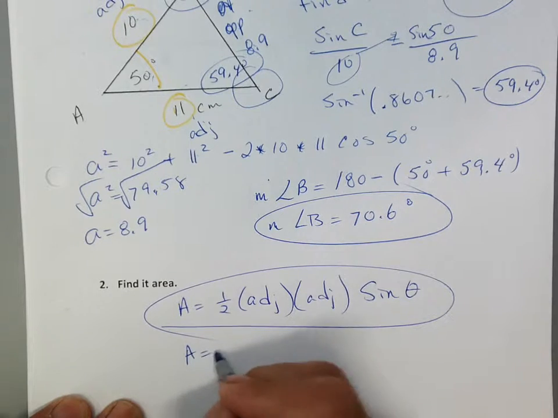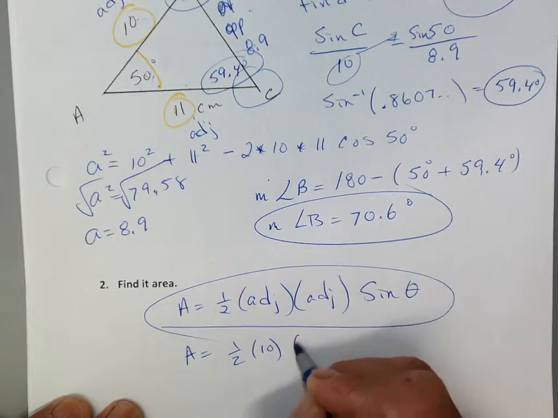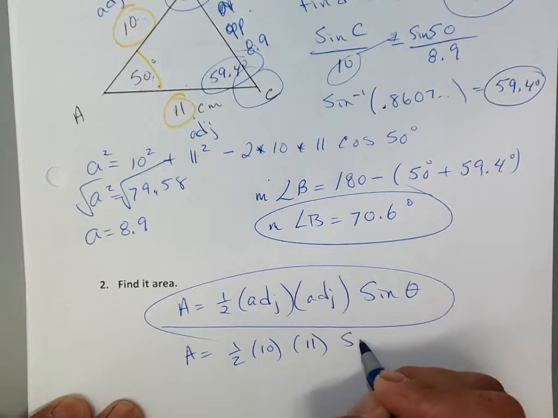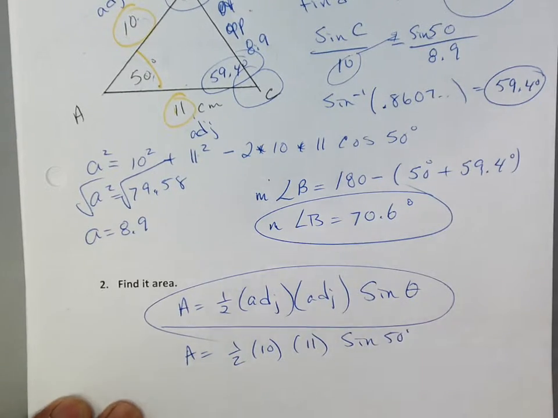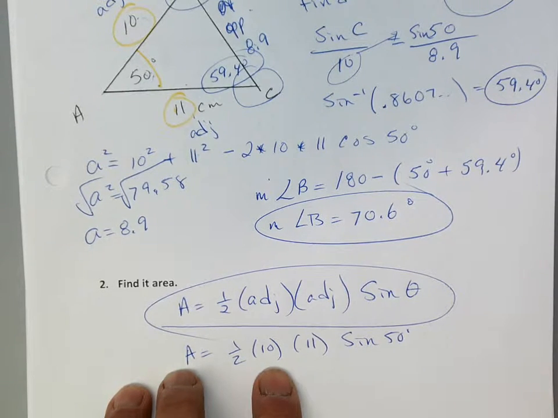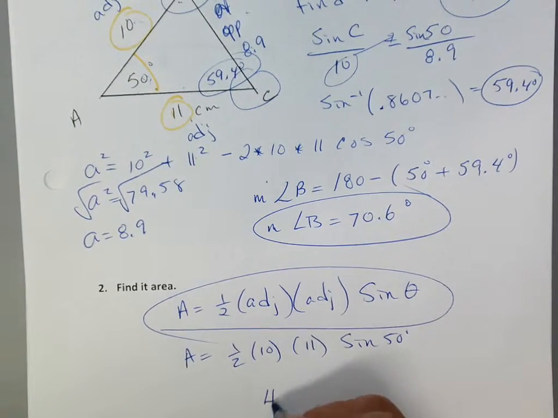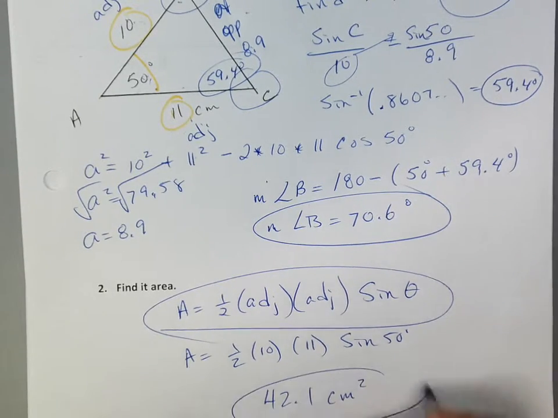So area is going to be 1/2 my 10 times my 11 times my sine of 50, and I'll get the area. 0.5 times 10 times 11 times the sine of 50, and I get an answer of 42.1 centimeters squared. How am I doing? Thumbs up?